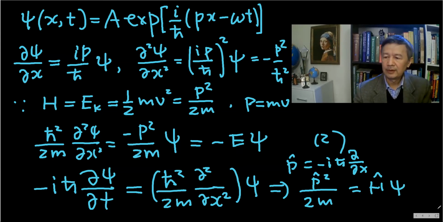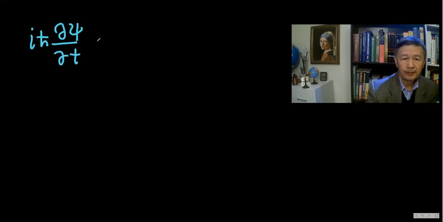Okay. So finally, we got the Schrodinger equation. So in this particular case, we have i h bar partial derivative with respect to the time equal to the energy.